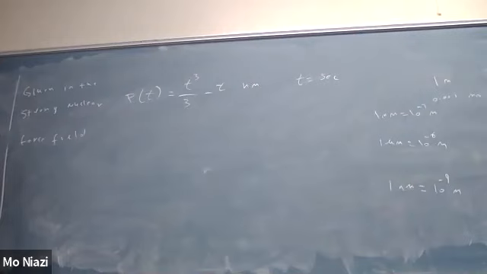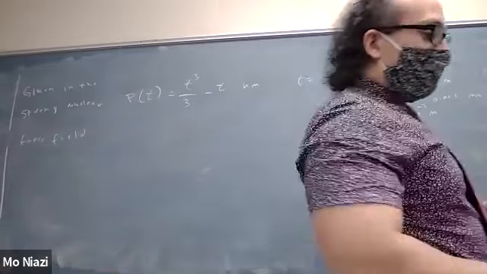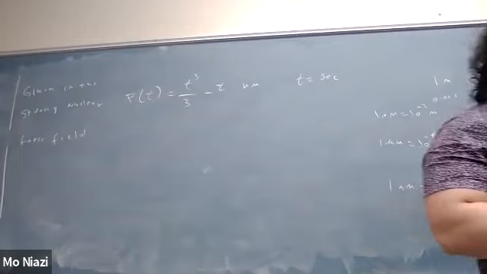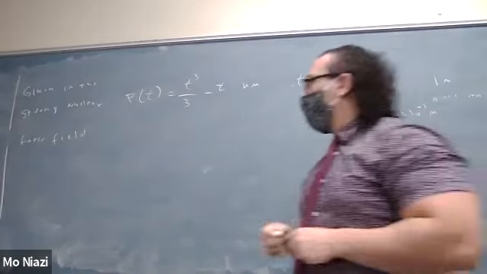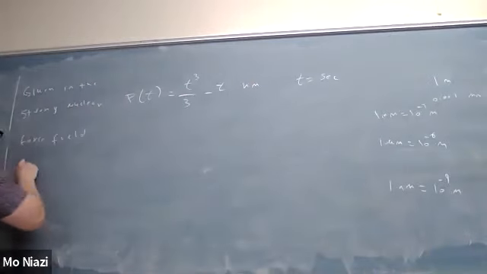The gluon is the force carrying particle that holds the nucleus together. Okay, so it's inside a strong nuclear force field and has a position function like so. Let's see, what do we want to ask you? What is its average velocity between t equals 0 and t equals 2?